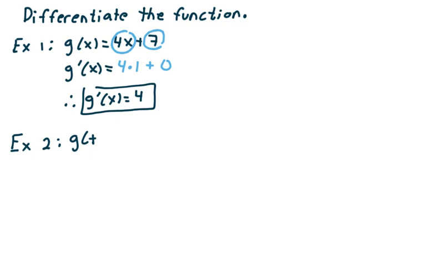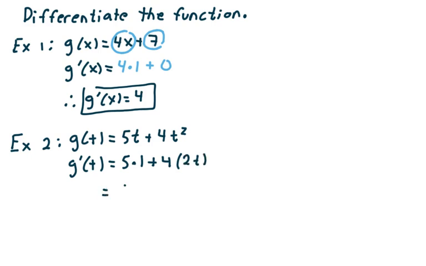Suppose g of t equals 5t plus 4t squared, and I want the derivative of g of t. The derivative of t is 1, so we end up getting 5 times 1. And the derivative of 4t squared is 4 multiplied by 2t.